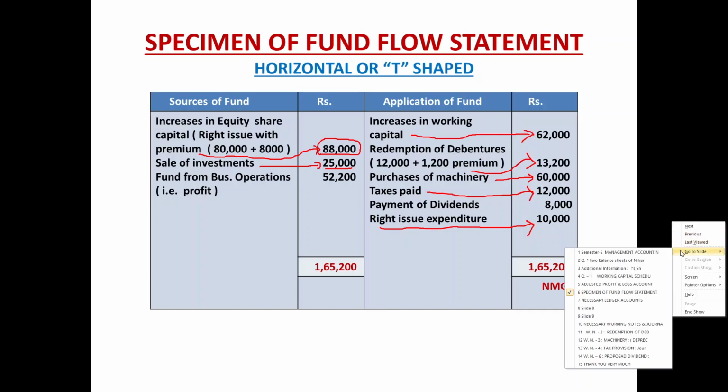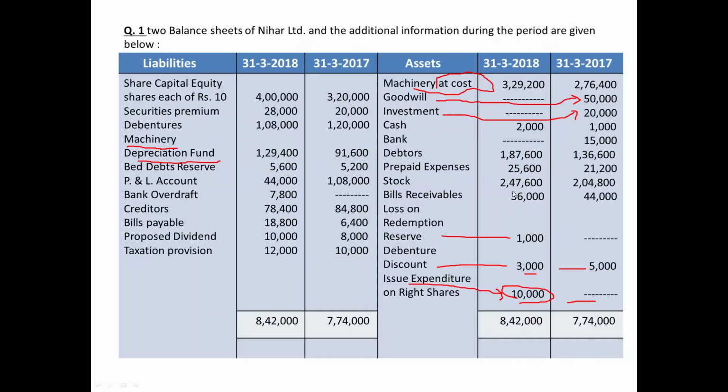After the asset side, let us verify the liability side of the balance sheet for the remaining items. One by one. Equity share capital already over. Securities premium over. Debentures over. Machinery depreciation fund over. Bad debt reserve over. Profit and loss account balance over.